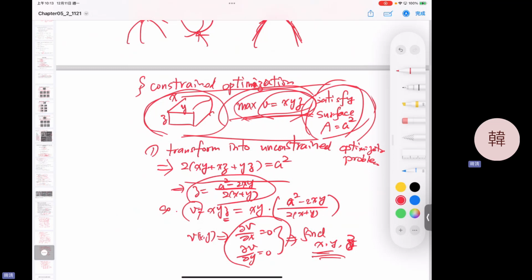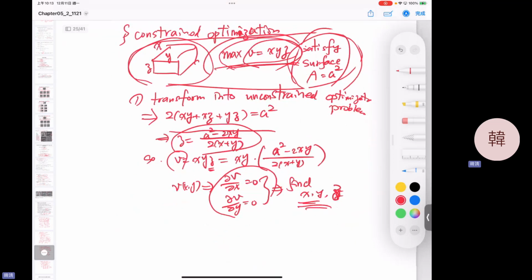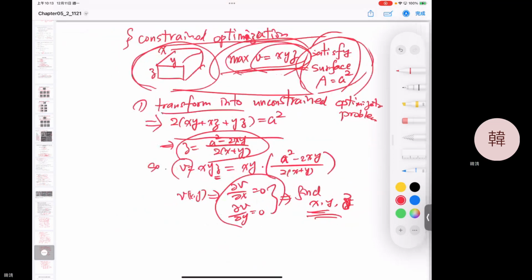So we use this example to demonstrate. If you can transform the constraint condition into our objective function, we transform the constrained optimization into an unconstrained one, and it becomes easy.